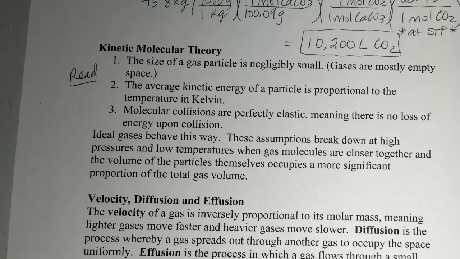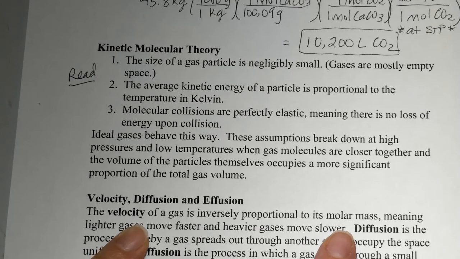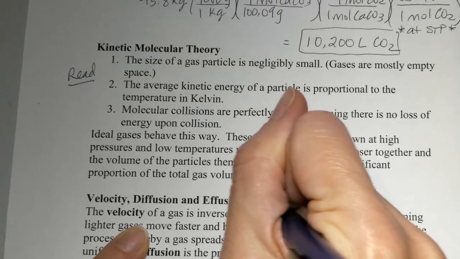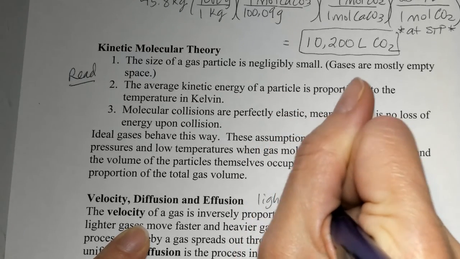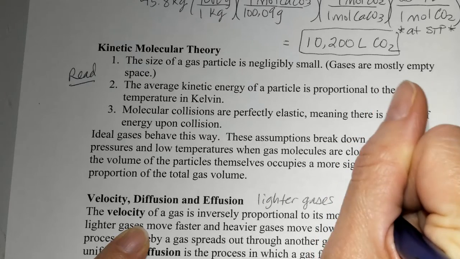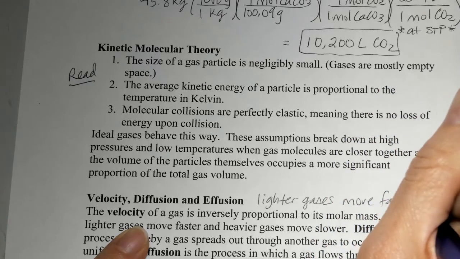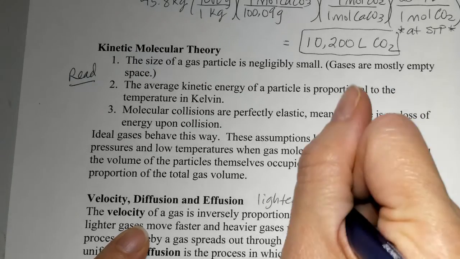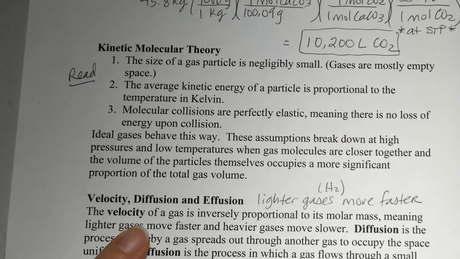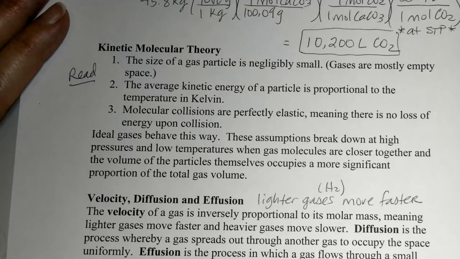Velocity is speed, and it's inversely proportional to molar mass. So basically, lighter gases move faster, which to me just always seemed like, yeah, that makes sense, right? So hydrogen, right, if you can imagine, that's our fastest gas, right, H2. So the lighter it is, meaning the lower the molar mass, the faster it will move.